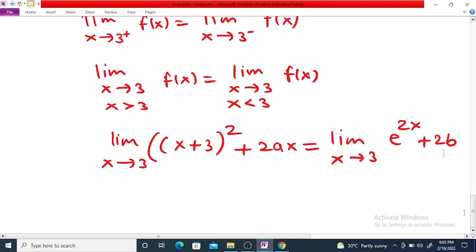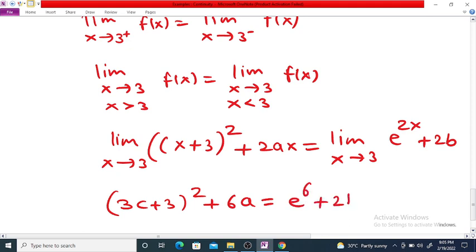So now if we take x tends to 3 here, then this is 3c plus 3 bracket square plus 6a is equal to e raised to 6 plus twice b.